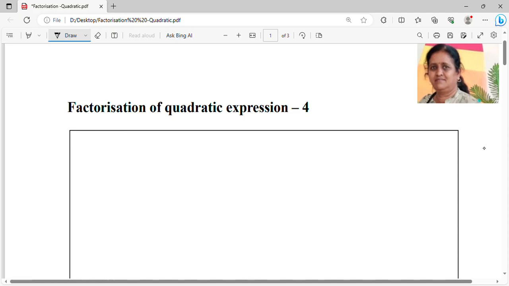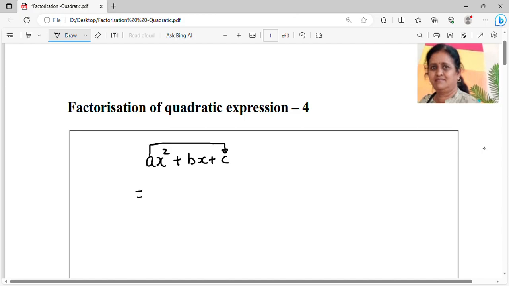Now, any quadratic expression is of the form ax squared plus bx plus c. Now, this is in the form of a sum. So, if you want to write it in the factorized form, first we look at the coefficient of x squared and look at the constant term.